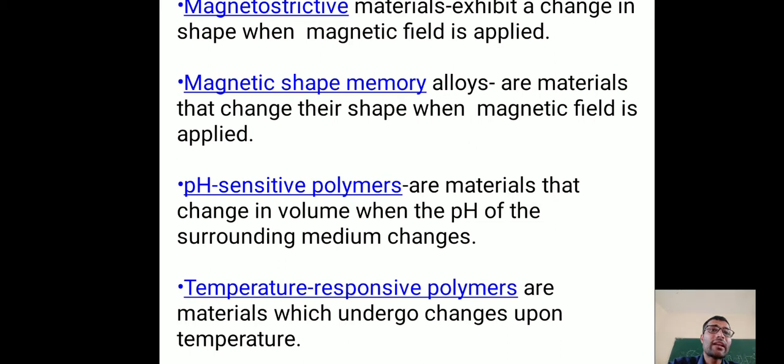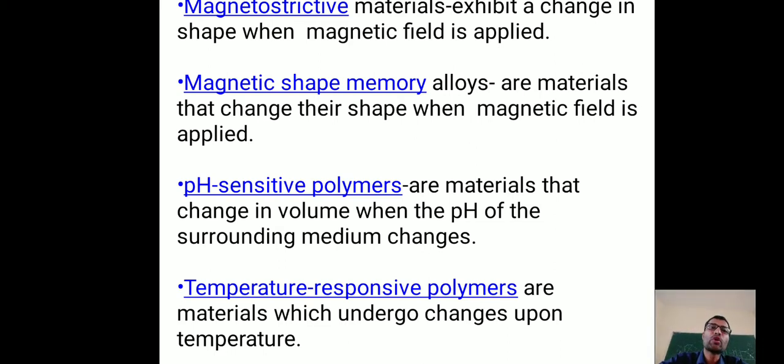These are such materials which change their shape when a magnetic field is applied. Means in magnetic shape memory alloy, if you have to change the shape, we have to introduce the magnetic field.